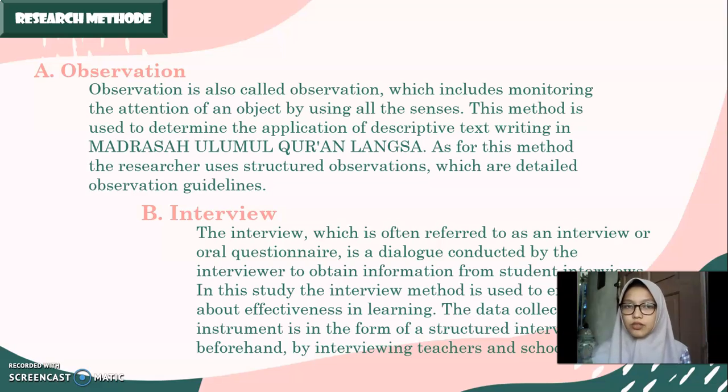Observation includes monitoring the attention of an object by using all the senses. This method is used to determine the application of descriptive text writing in Madrasah Ulumul Quran Langsa. As for this method, the researcher used structured observation, which has detailed observation guidelines.